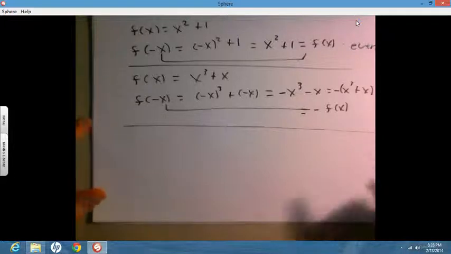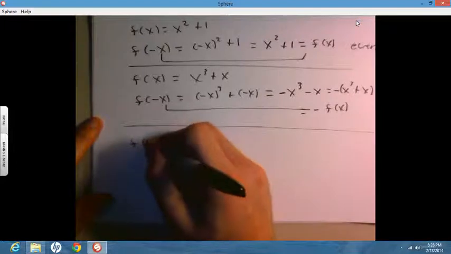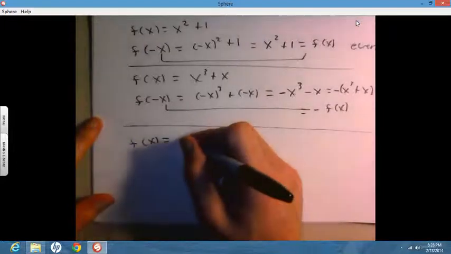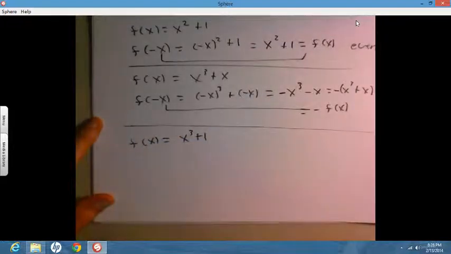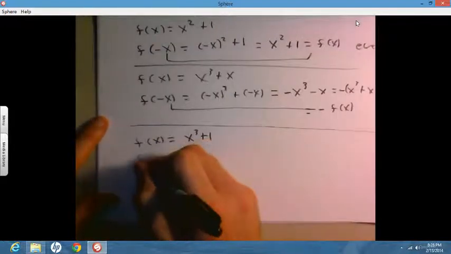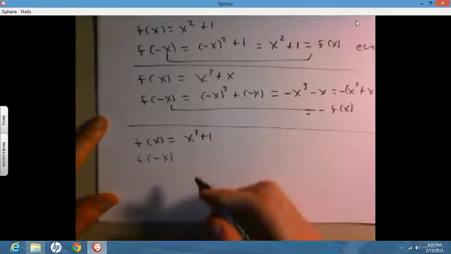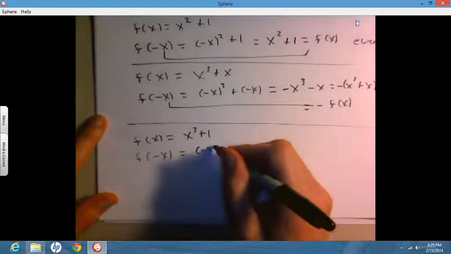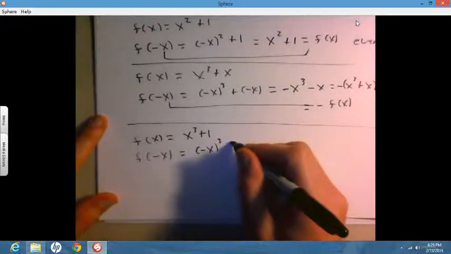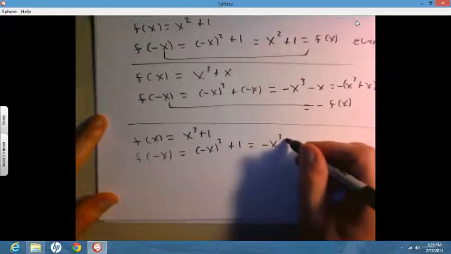But let's take the case where we have, say, f of x equals x cubed plus 1. Right? Well, f of negative x is equal to negative x cubed plus 1.